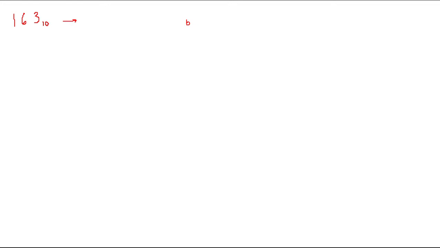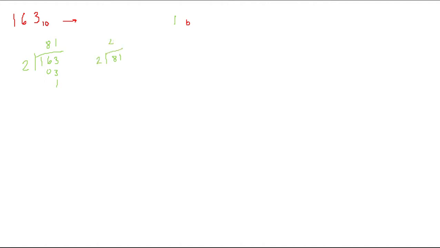So let's start with this. We have 163. We're gonna divide it over 2. That is an 81, remainder 1. So I write this 1 over here, and I get this 81 over 2.